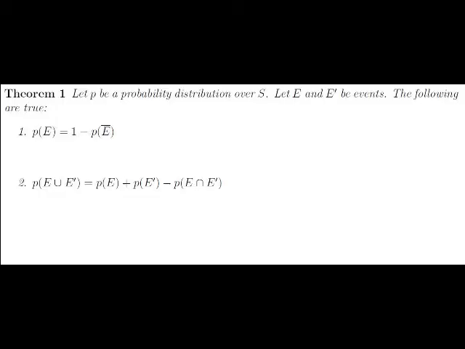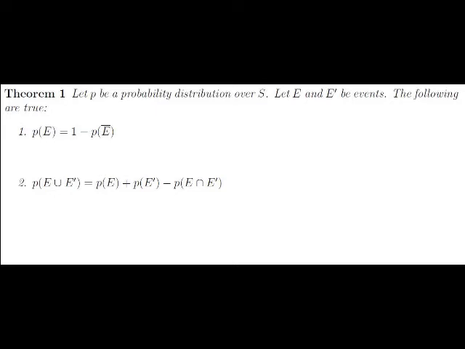Next is theorem 1. If P is a probability distribution over S, and E and E prime are events, the following are true. Probability of E is equal to 1 minus probability of E complement. That we can prove using the complement theorem from set theory.